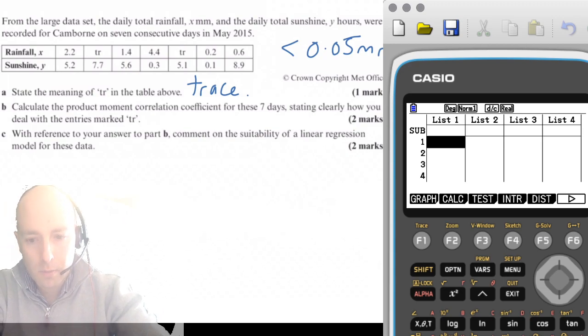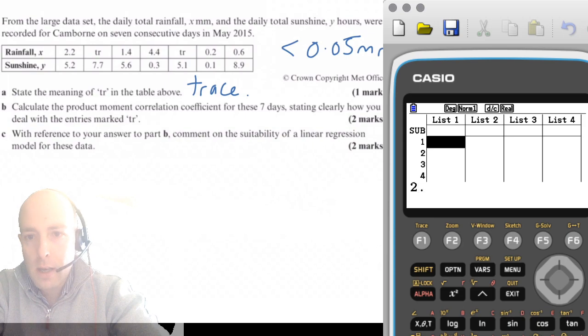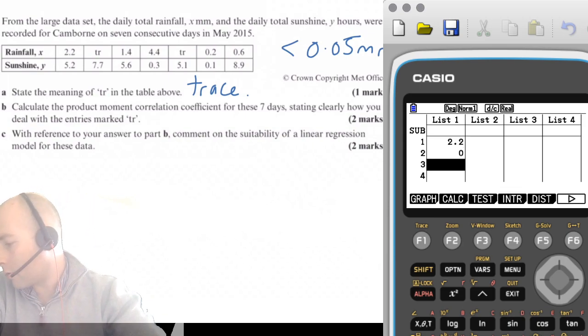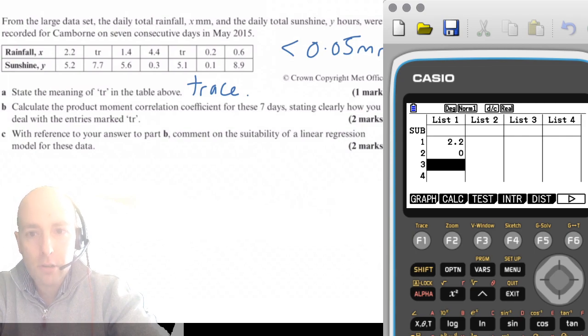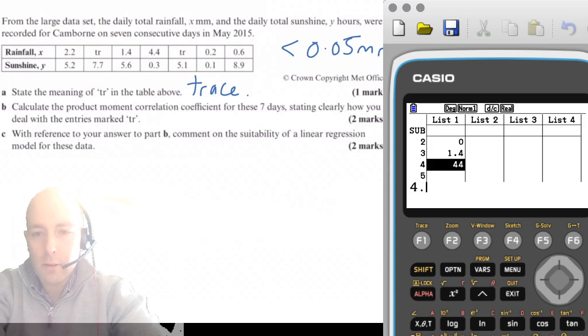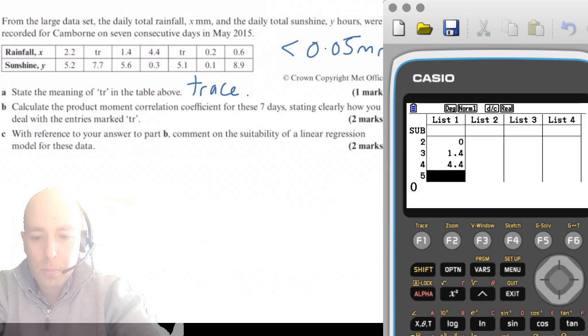So I've typed that in with me, 2.2. For TR, we're going to use 0 because, as Ollie said, trace is approximately 0. So 2.2, 0, 1.4, 4.4, not 44, 4.4, 0 again, 0.2, 0.6.